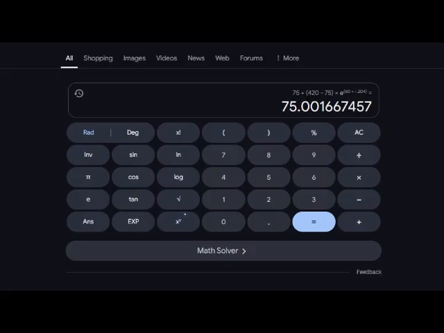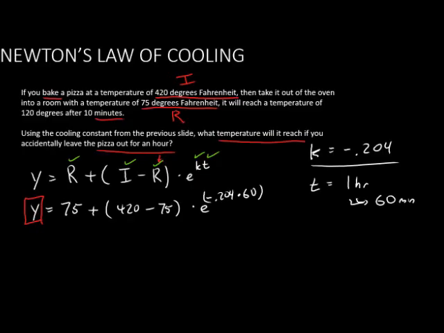The answer we get is almost exactly 75. This means if we leave the pizza out for an hour, the temperature will drop back down to about the temperature of the room, 75.00 degrees Fahrenheit.